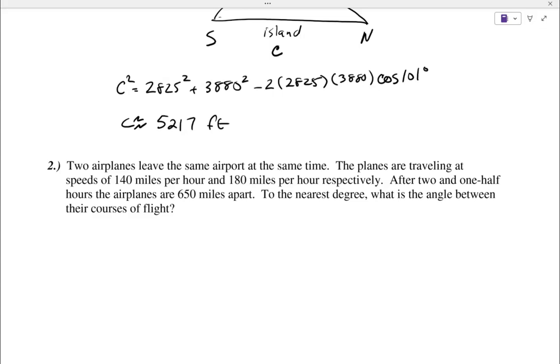And then after a certain amount of time, how far apart the airplanes are. And then it wants to know what the angle is between their courses of flight. Well, since we're using either the law of sines or law of cosines in these application problems, I'm guessing we probably want to set up a triangle.